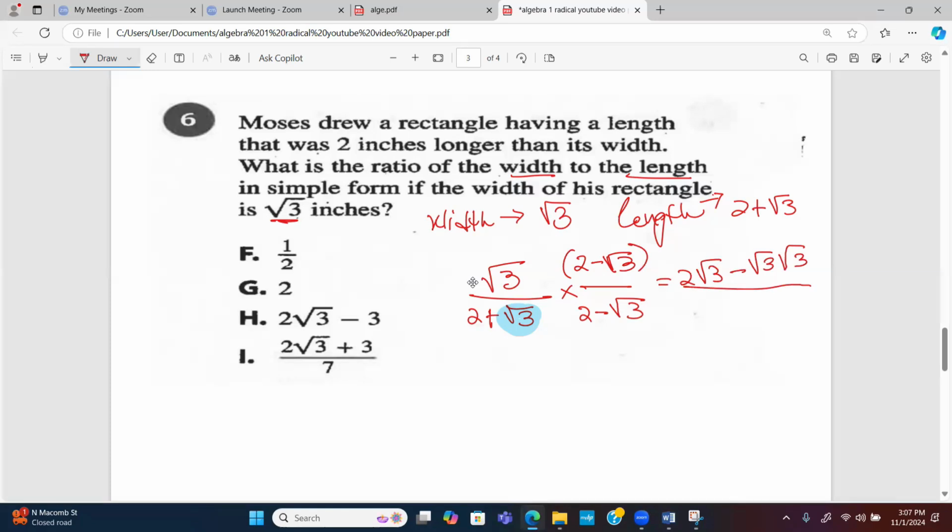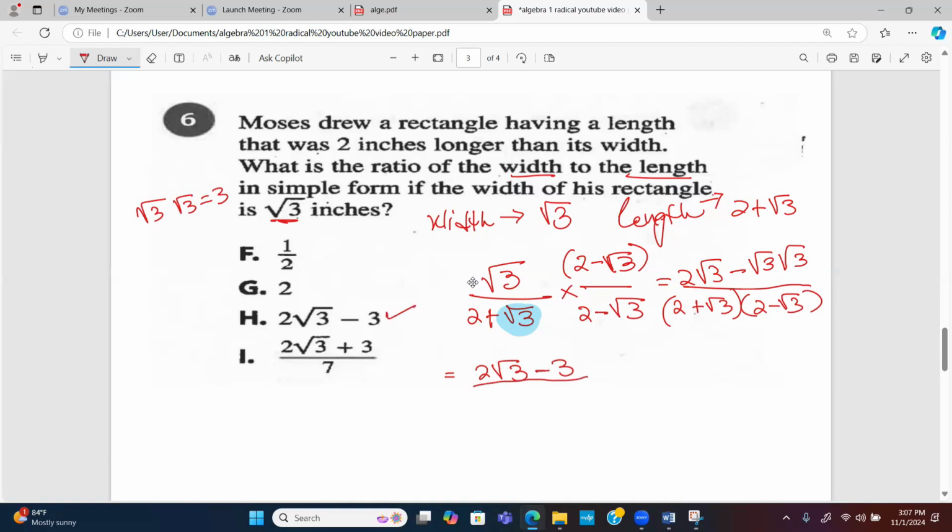Now, at the bottom, I have 2 plus the square root of 3 times 2 minus the square root of 3. So I'm going to simplify my top version. What I'm really going to have is 2 square root of 3 minus 3. Remember again, square root of 3 times the square root of 3 is 3. So that is at the top.